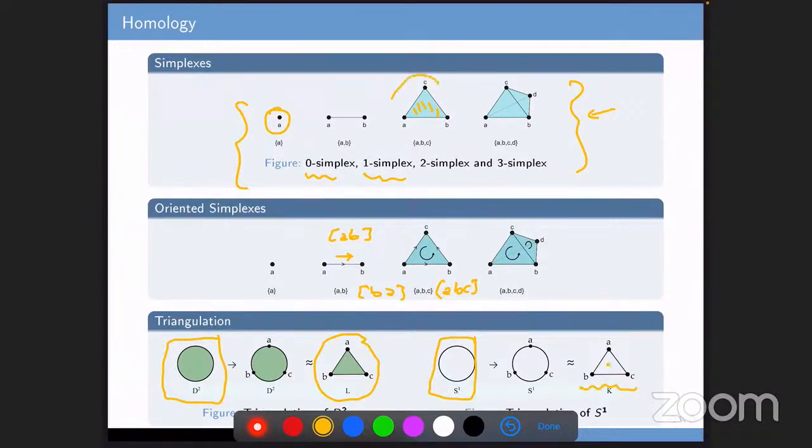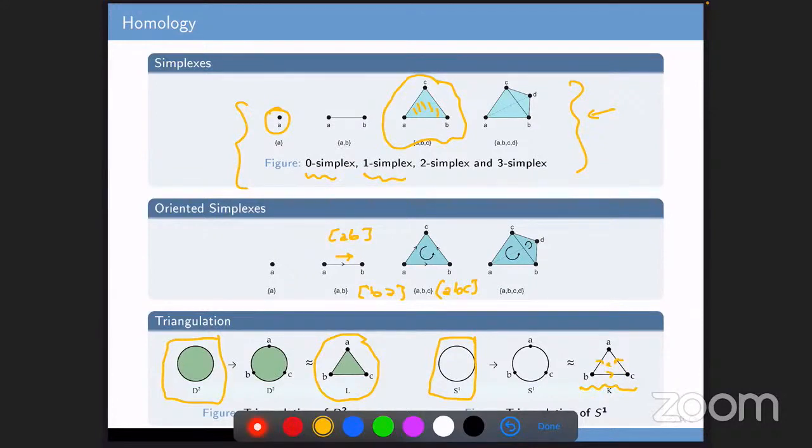So as you can see, for a 2 simplex, we should have the interior too, but we don't have it here. Instead, this is a union of 1 simplexes, right? This is a 1 simplex, this is a 1 simplex, and this one. So we take these 1 simplexes and glue them, and we form this object, right?